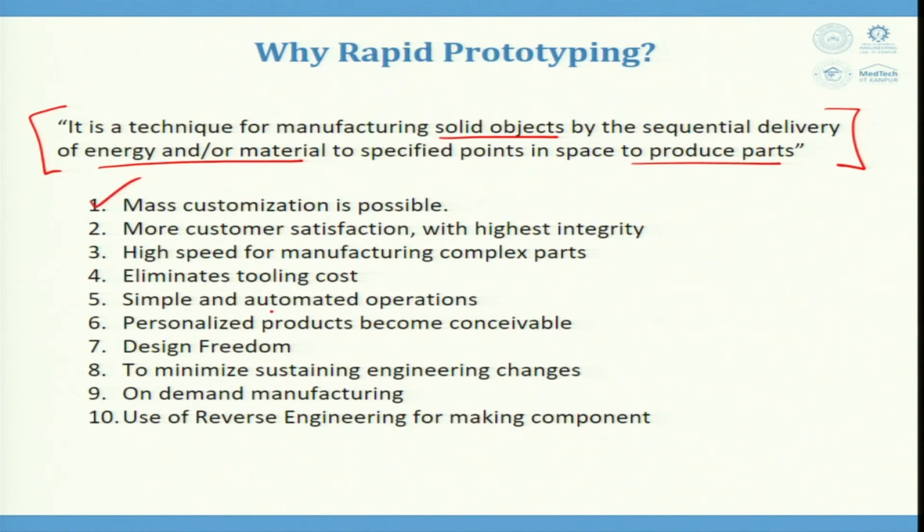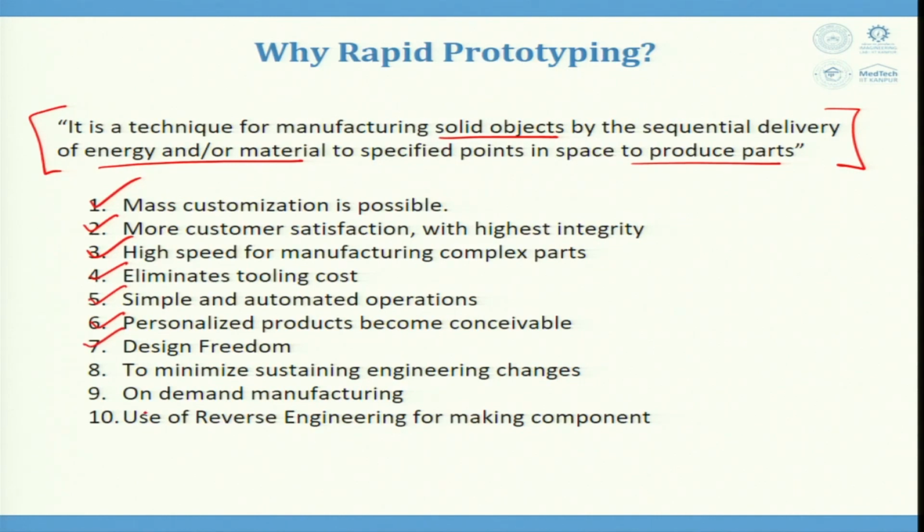Mass customization is possible, that is more customers could come, more customer satisfaction is there, because highest integrity is there, and it is a faster process, that is high speed for manufacturing of complex parts. It eliminates tooling, it has simple and automated operations, personalized products become conceivable, design freedom is there.